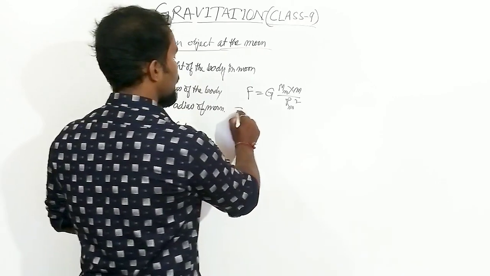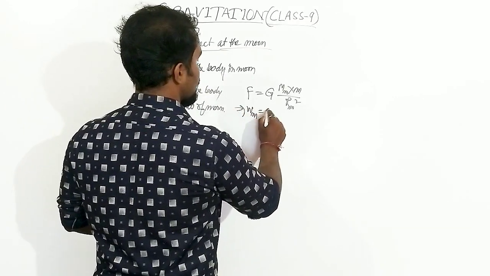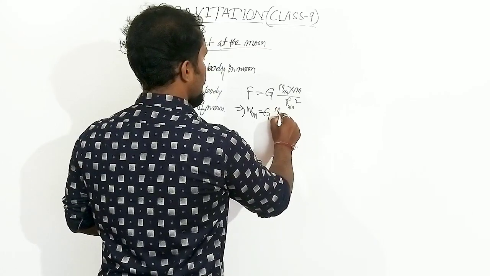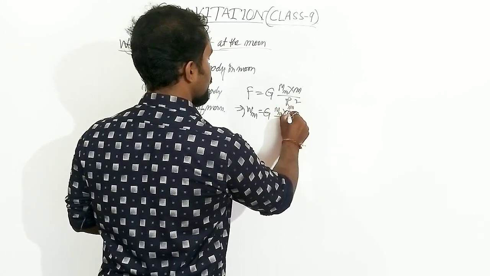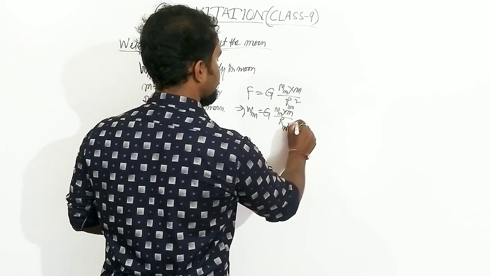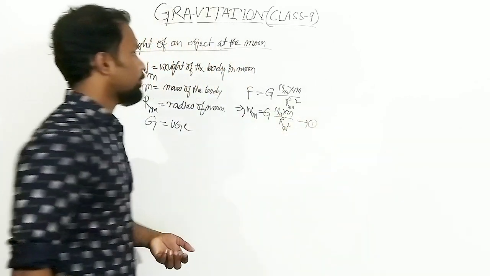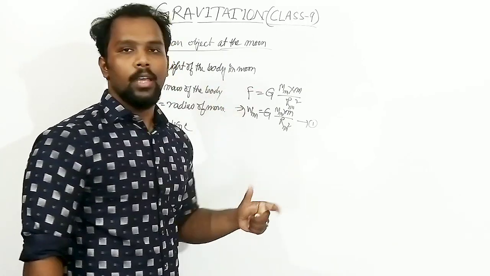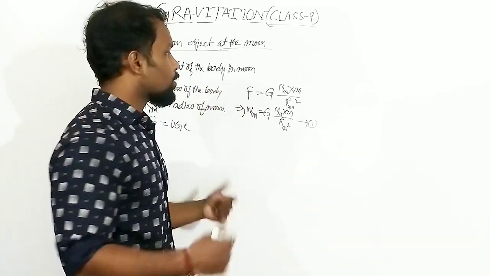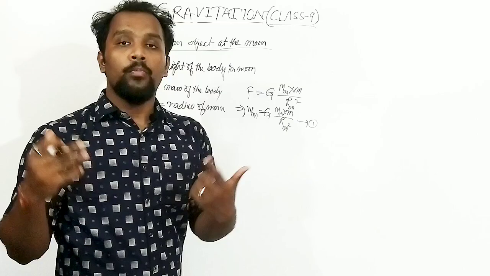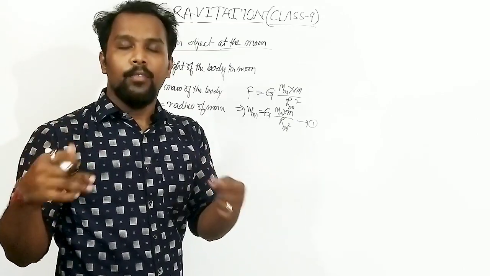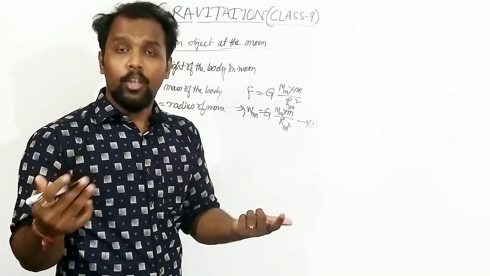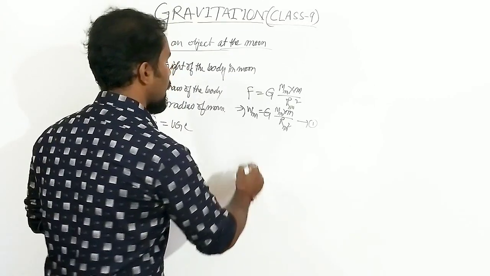So Wm is equal to G Mm into m by Rm square. One condition, right? So similarly, if we try to find the weight of the object on the earth, what can you write?